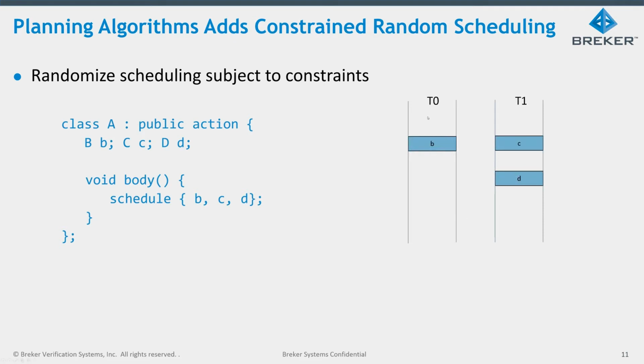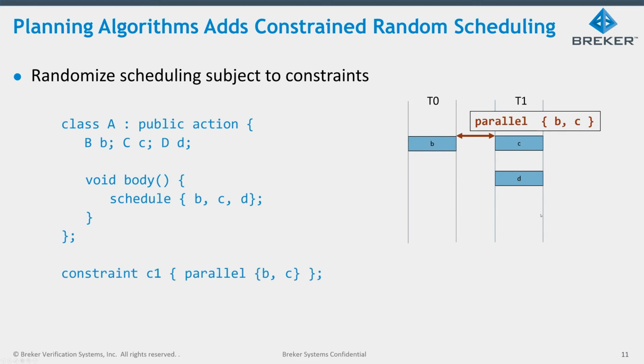Some tool might say, maybe I have 2 threads and I can schedule these operations somehow. And we can put constraints on the scheduling. We can say B and C must start at the same time, and D must start after B. We can define these models for planning algorithms in declarative languages like this new Accellera PSS standard.